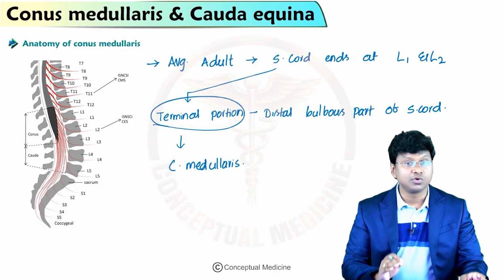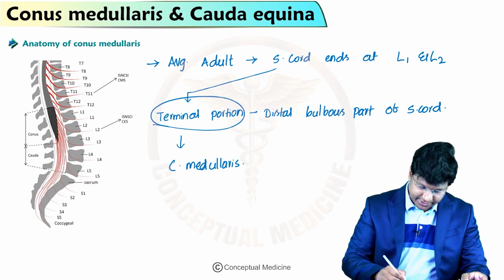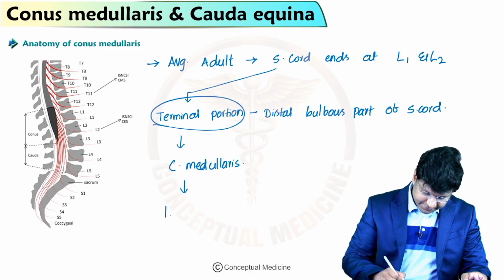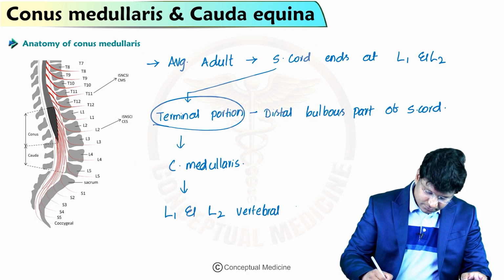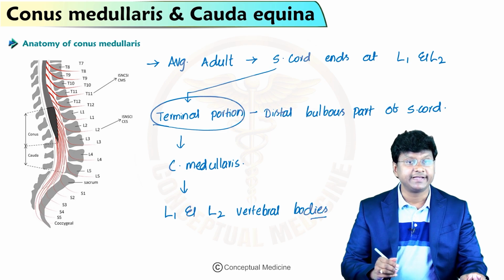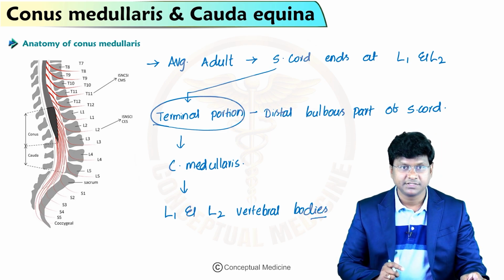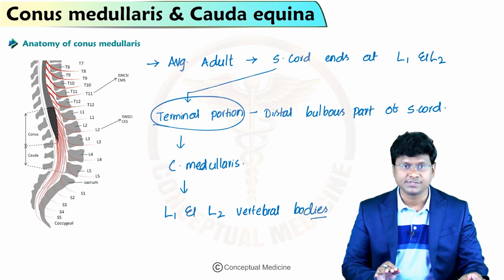And where is this conus medullaris situated? It is situated at the level of the L1 and L2 vertebral bodies. So this is the basic anatomy of the conus medullaris.